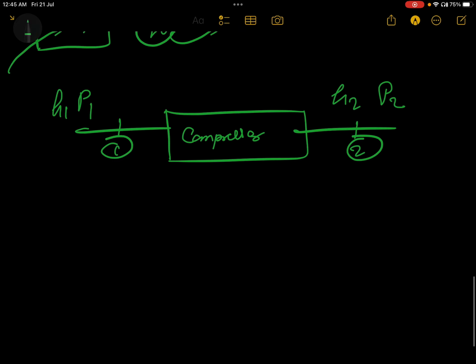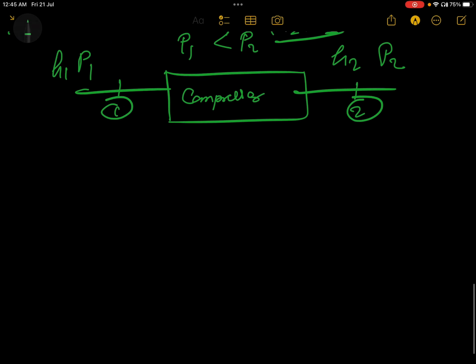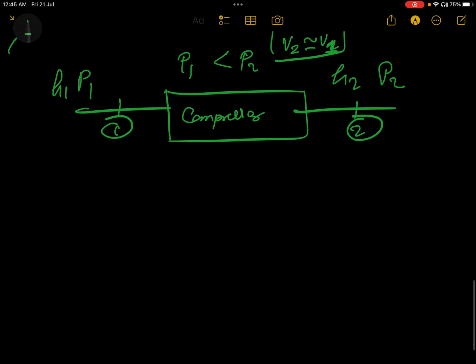Here what we know is that pressure P2 is greater than P1 because compression increases the pressure, and velocity becomes approximately the same. There is not any change in velocity. A compressor is concerned with the increase of pressure.